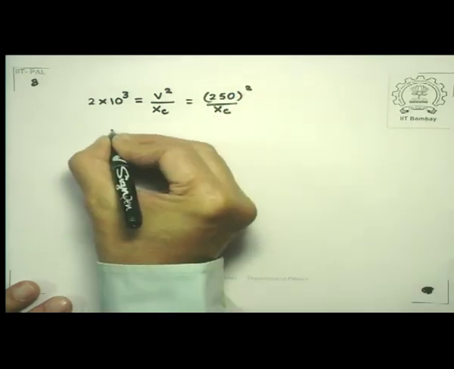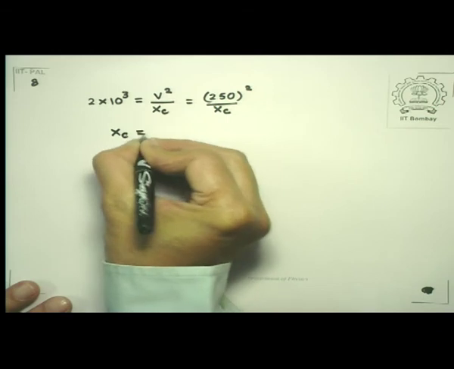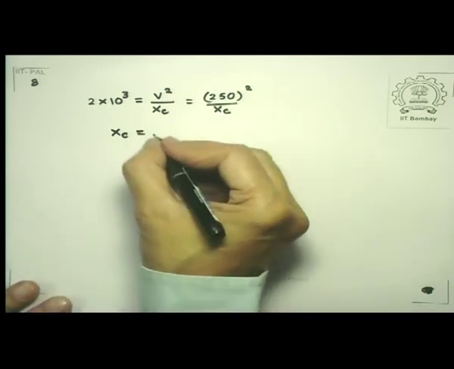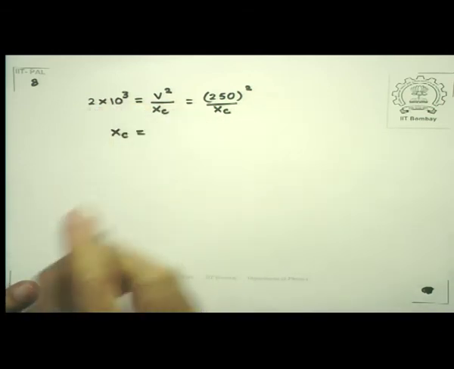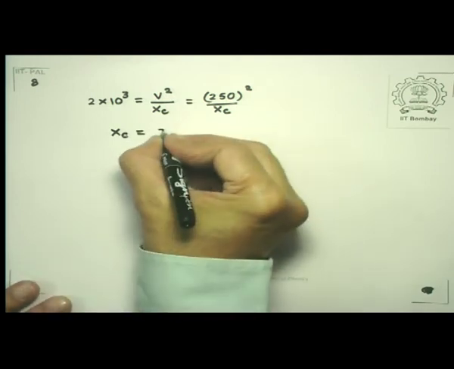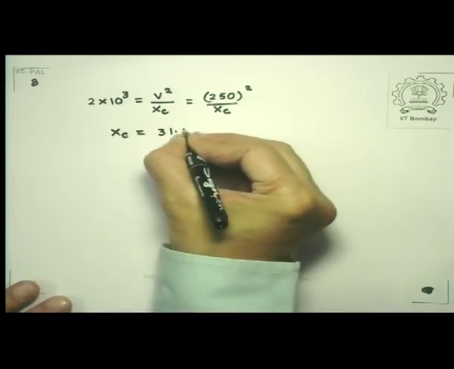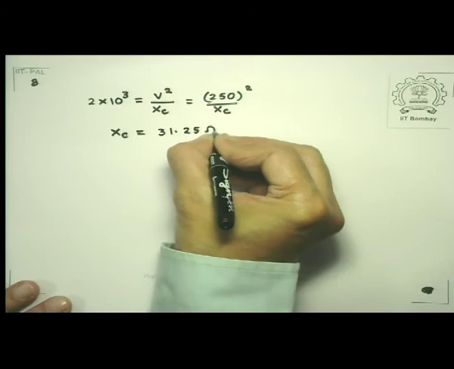Now you can immediately check how much Xc is. Xc is 250 squared divided by 2000, and if you work it out, it works out to 31.25 ohms.